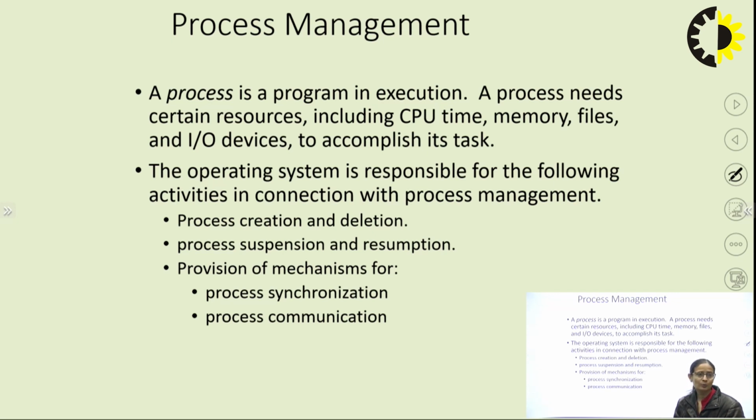The OS is also responsible to look after that the processes execute in an orderly fashion. Moreover, if they are sharing some resources, then that resource should be shared in a proper way. Similarly, if two or more processes are communicating, then how the communication can be done, how the communication channel can be established between the two processes, is also looked after by your process management component.